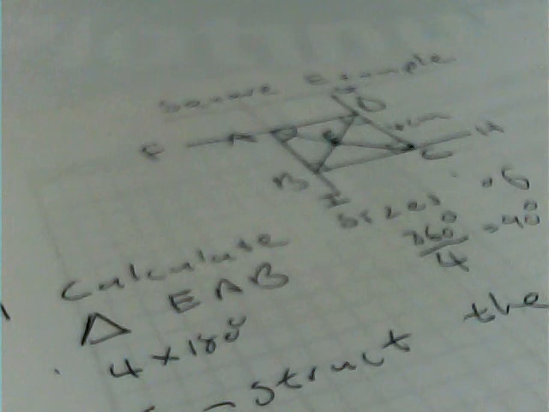So we could say 4 times 180 degrees gives us 720 degrees.